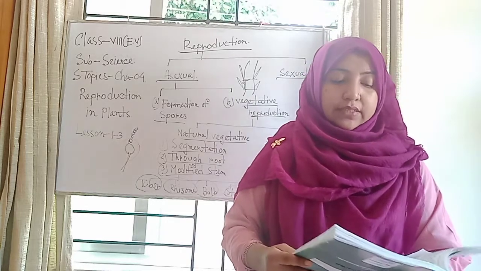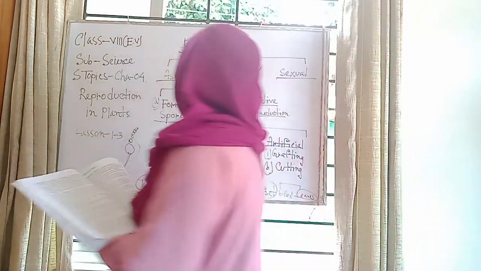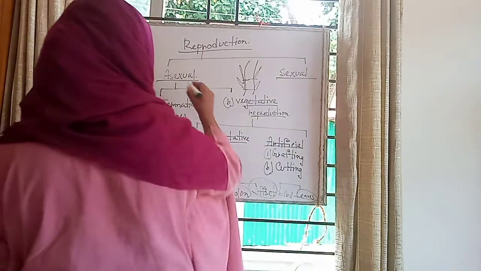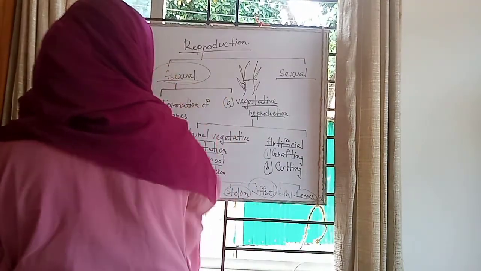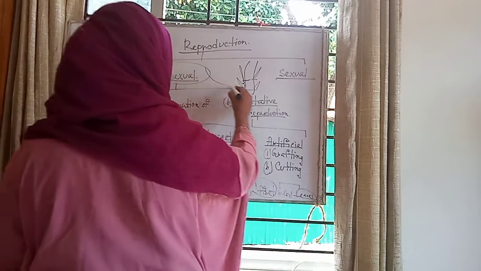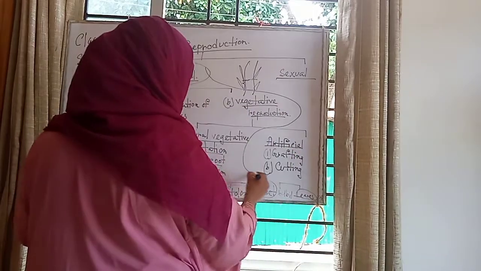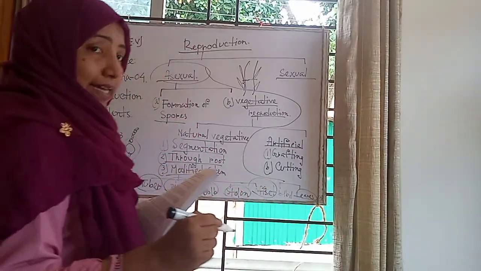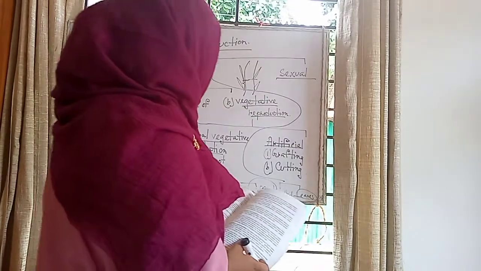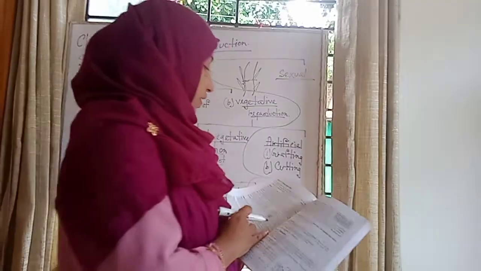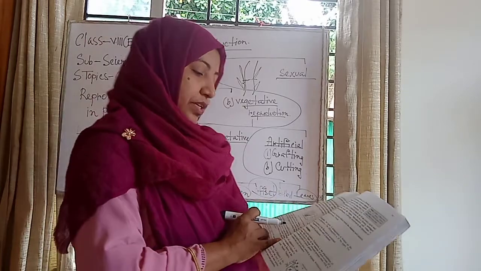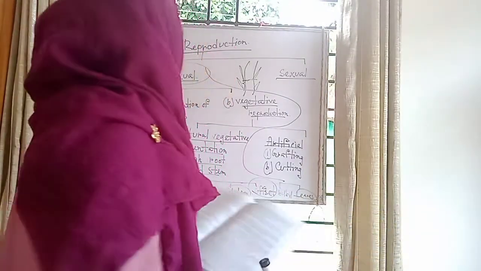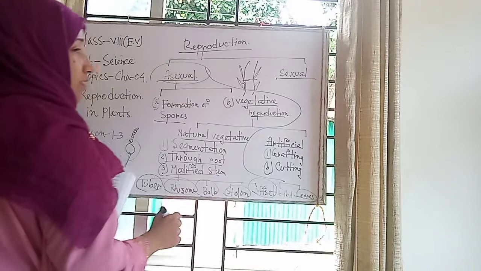My dear students, today we have discussed asexual reproduction, and I have followed the vegetative reproduction. In the next class, I will explain about artificial reproduction and also sexual reproduction. Now, I have explained asexual reproduction.